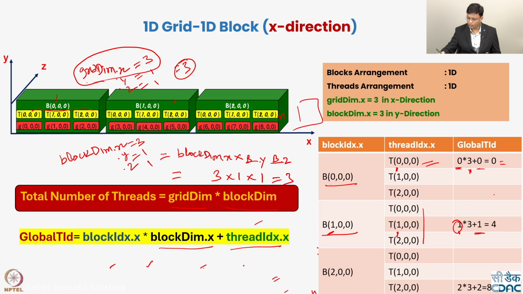So, if you compute all these values, you will get 1, 2, 3, 4, 6, 7 and 8.